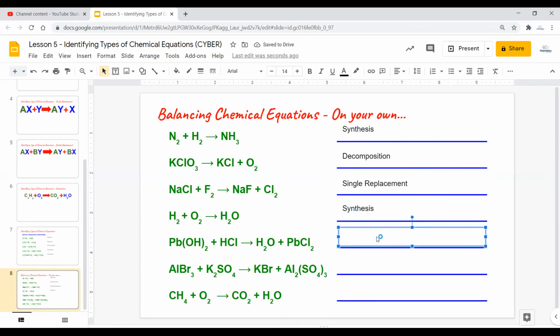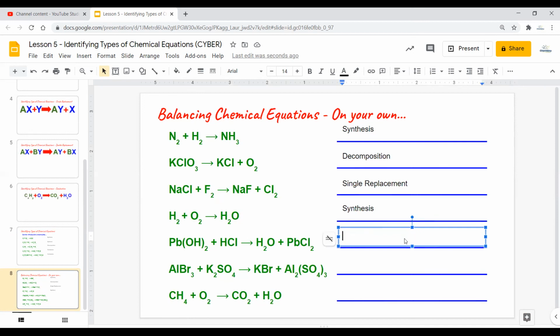Our fifth example, we have a double replacement reaction, one compound and another compound forming two new compounds. Notice that Pb is now paired up with Cl as PbCl2, and H over here is paired up with OH to make water.